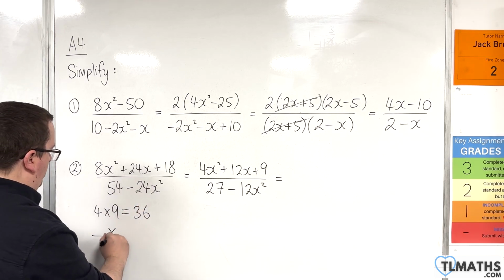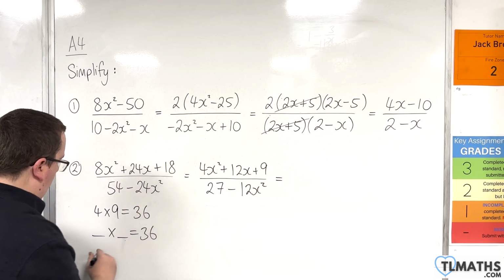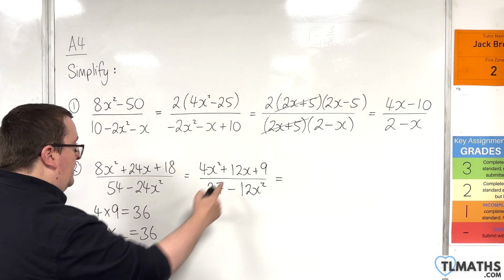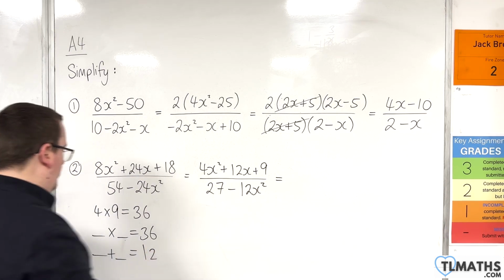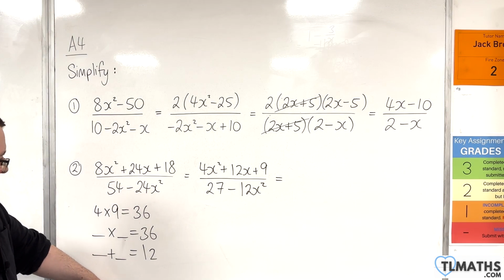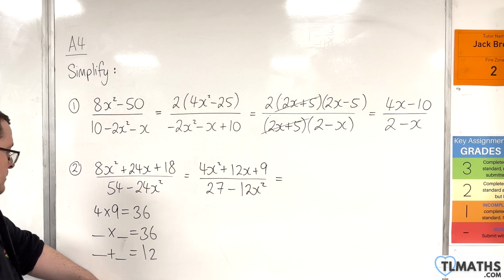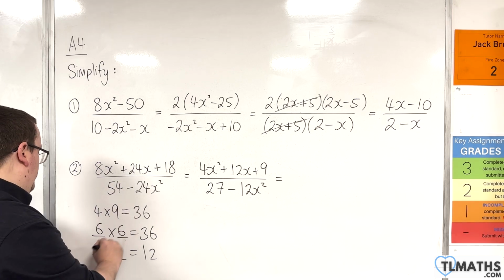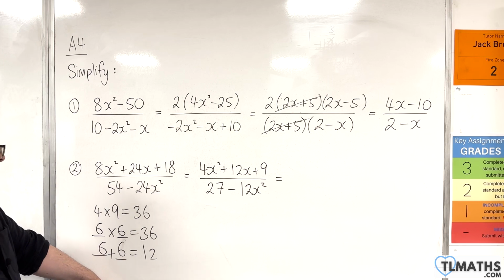So we're looking for two numbers that multiply together to make 36, but add together to make 12. So it'd be two positive numbers, not 12 and 3, not 18 and 2, 6 and 6. Almost didn't spot that. Okay, 6 and 6.